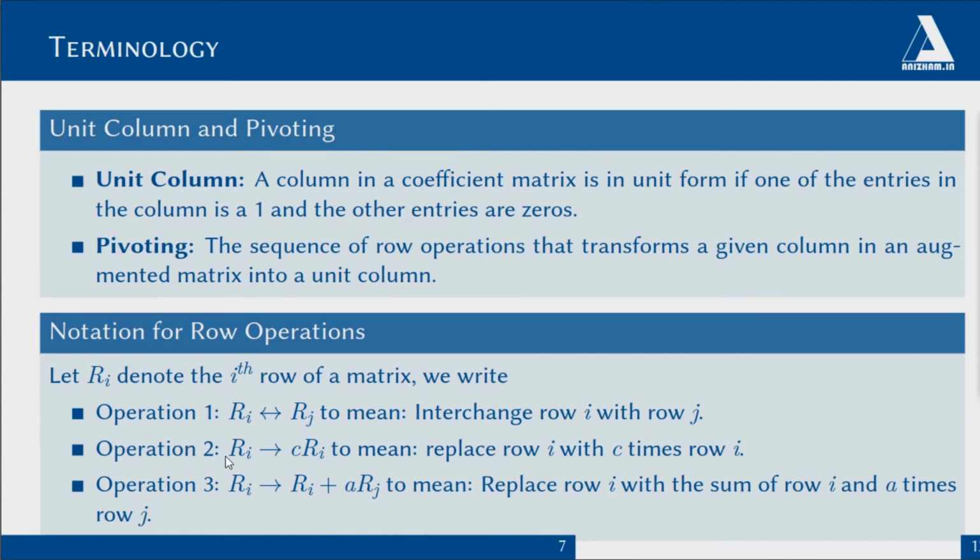Now the second operation is Ri replaced with c times Ri, that is, replace row i with c times row Ri. Now the third operation, Ri replaced with Ri plus a Rj, to mean replace row i with the sum of row i and a times row j.